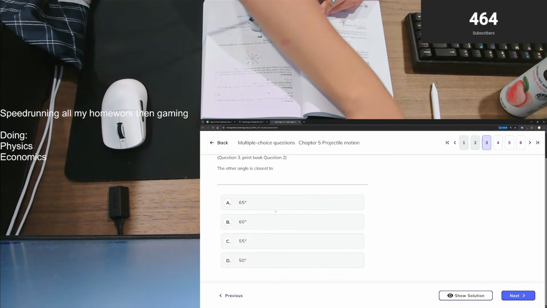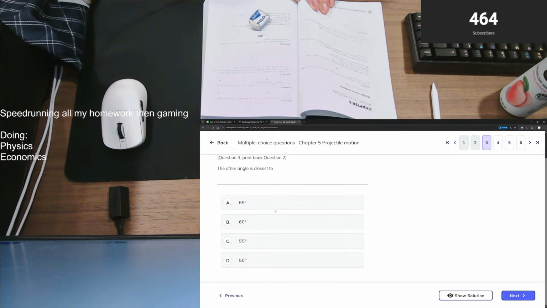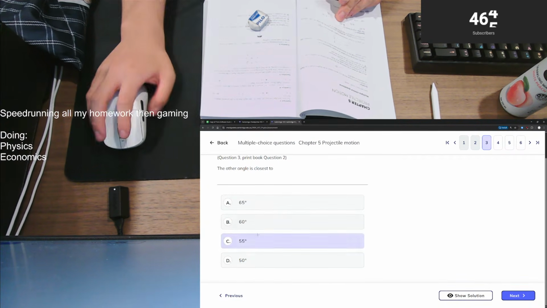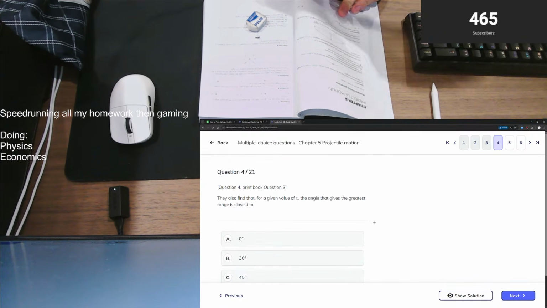Divided by 2, 90. 110 divided by 2, 55. C. Easy. Easy.